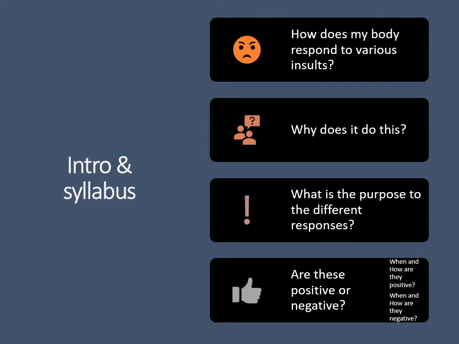This slide continues with the concept of pathophysiology. How does my body respond to a particular disease state? Say you have diabetes and your blood sugar is very elevated. That's what happens in diabetes.